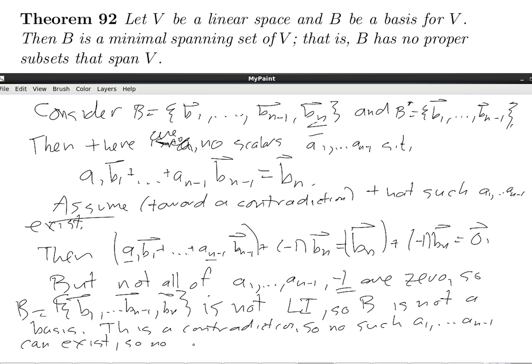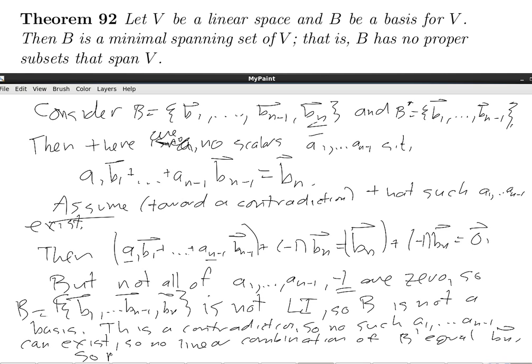So no linear combination of the elements of B prime equals Bn, because that's where the A1 up to An minus 1 is. It's a linear combination of B prime that equals Bn.